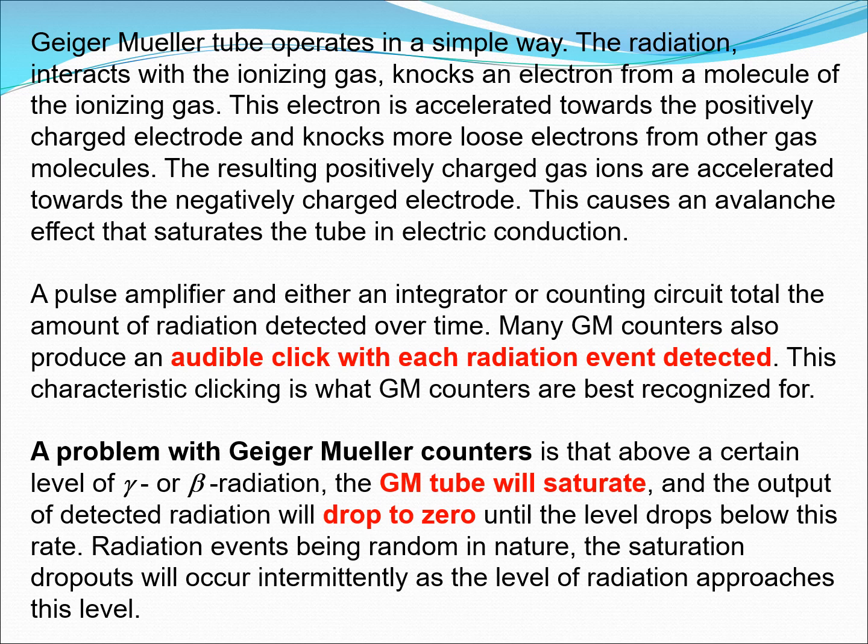Since the radioactivity is too high, the GM will become saturated and the readout will just show zero. So this is a limitation of the GM counter. That's the reason why we mentioned that the GM counter is used for low level radiation, not for high level.